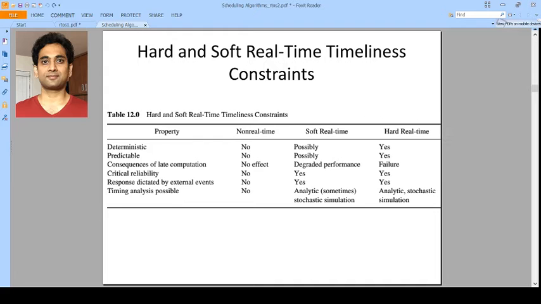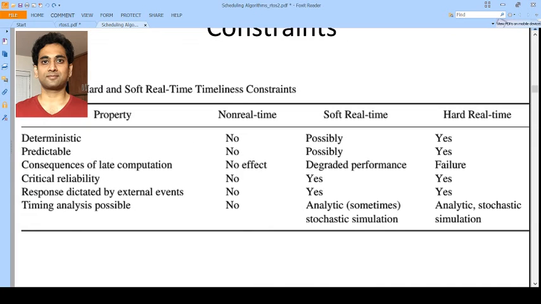So let's look at some examples of time constraints and their effects in soft real-time and hard real-time systems. So we are looking at the different characteristics of soft real-time and hard real-time systems. Now, a soft real-time system may or may not be deterministic. So in other words, we may or may not be able to predict the timeliness, the timing behavior of a soft real-time system.